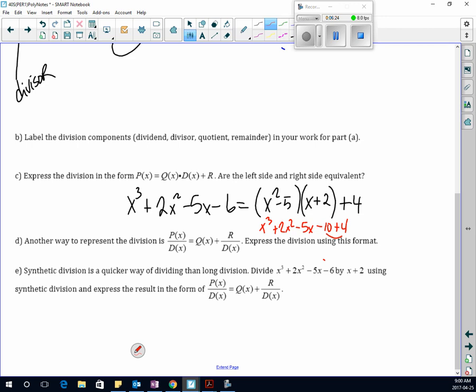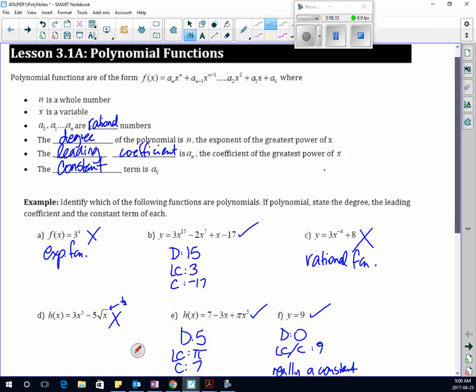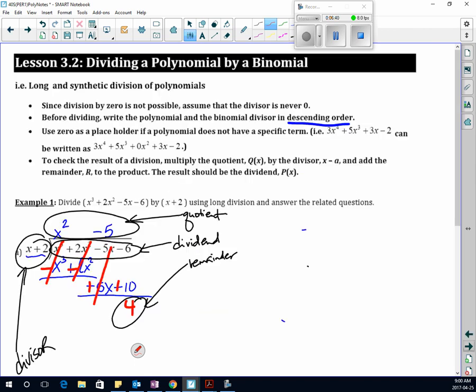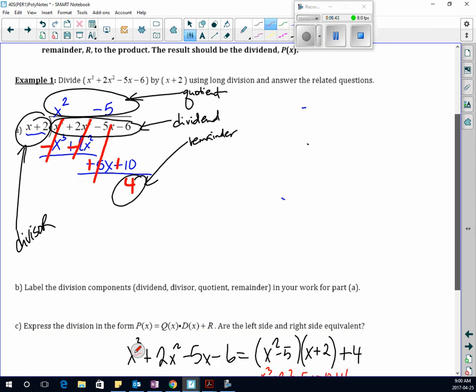Another way to represent the answer is the polynomial divided by the divisor is equal to the quotient plus the remainder over the divisor. So that's how I wrote this. I said the quotient plus the remainder over the divisor. Meaning I can write this as x cubed plus 2x squared minus 5x minus 6 divided by x plus 2 is equal to x squared minus 5 plus 4 over the divisor.